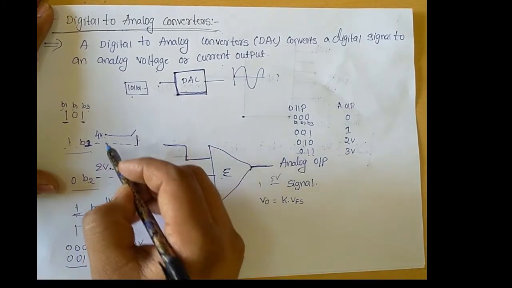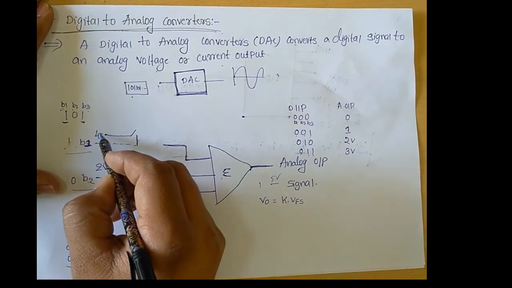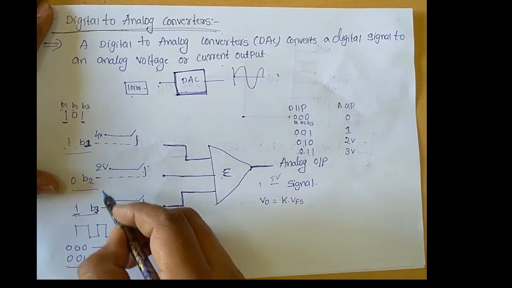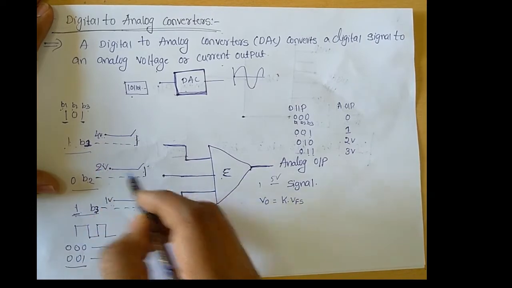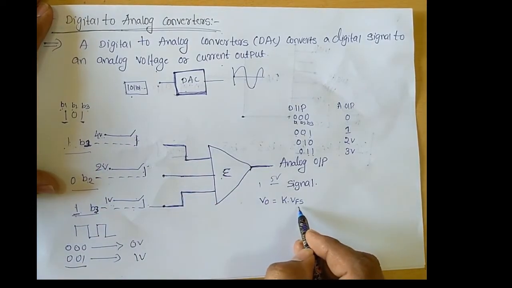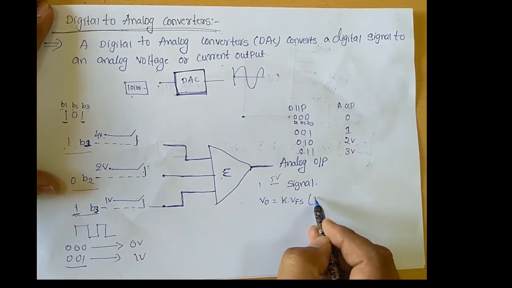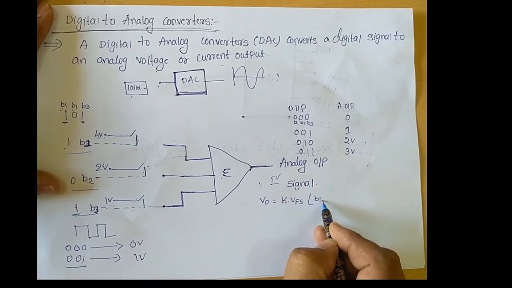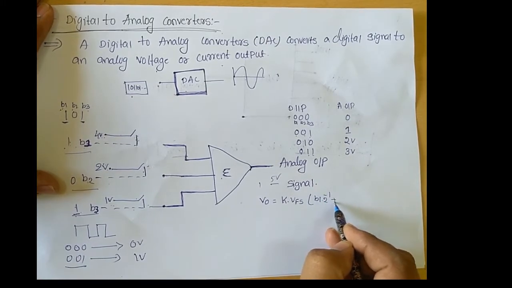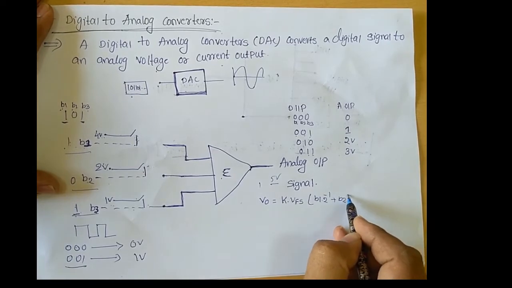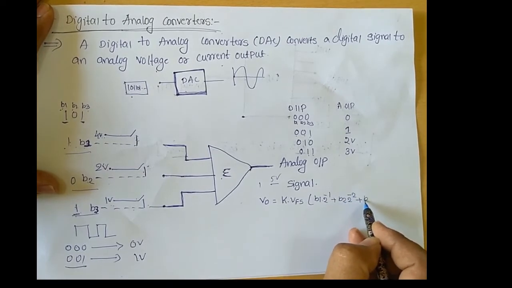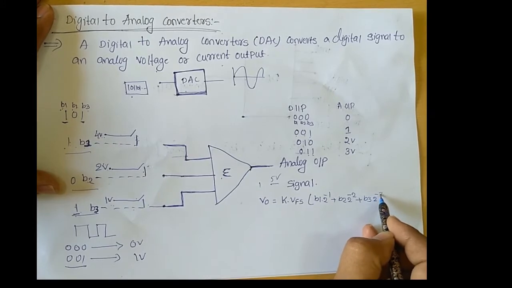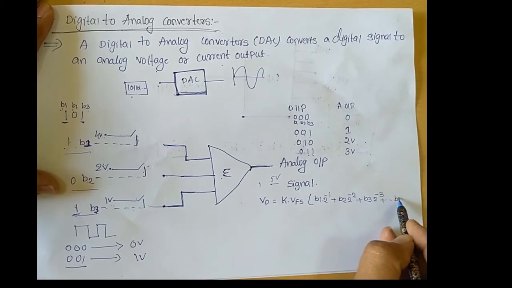Here we are assuming the input voltages are 4 volts, 2 volts and 1 volt. These voltages we can obtain from the reference voltage. So we can mention the reference voltage or full scale voltage times, with the most significant bit, B1 into 2 power minus 1 plus B2 into 2 power minus 2 plus B3 into 2 power minus 3 and so on, Bn into 2 power minus n.